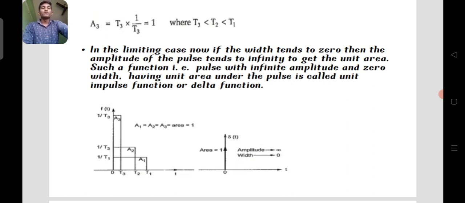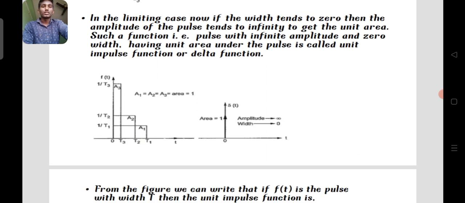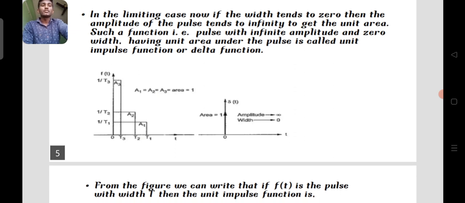Here you can see the graph defining the area of the impulse, where the area is equal to unity.